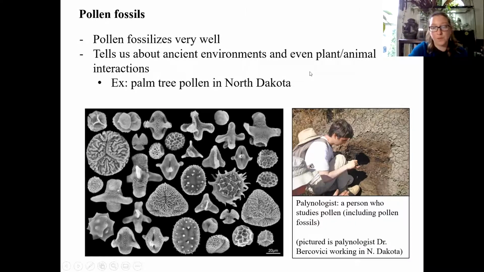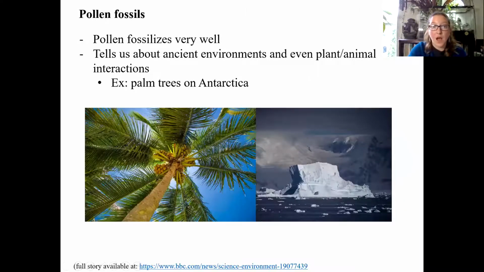Another thing that we have learned from pollen fossils is also palm trees on Antarctica. We've actually been able to do cores there as well. And remember back when we were first learning about the Carboniferous forest and the lycopods, the continents have moved over time, right?